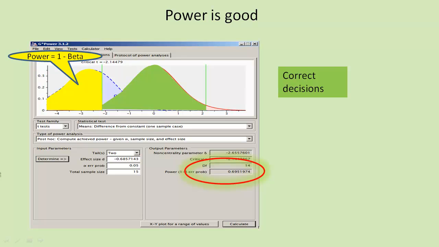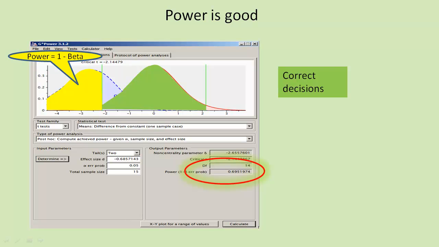I ringed around what this value is in this example. You can see it is 0.69. That is, 69% of the probability distribution lies beyond the critical value. That is, if a result does come from the specific alternative distribution, we have a 69% chance of it being in the yellow area, where we make the correct decision.